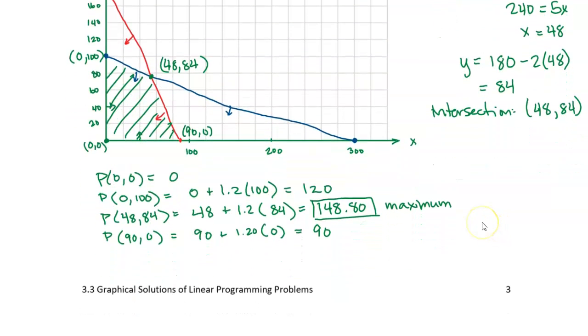So let's state the solution to this problem.